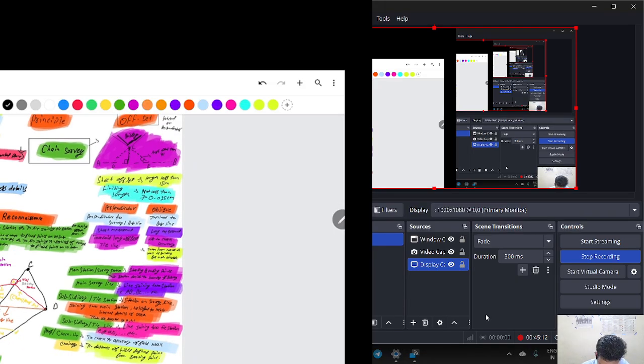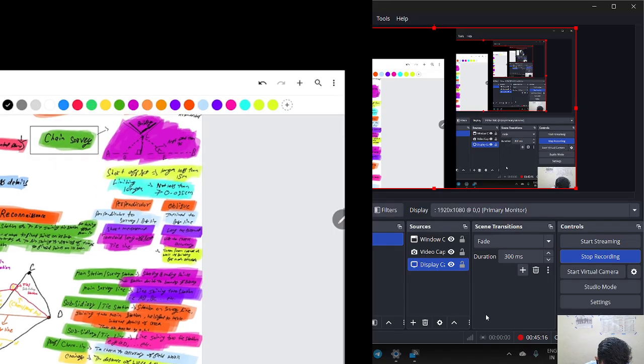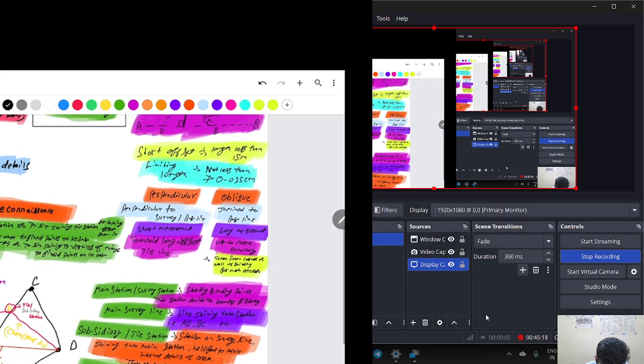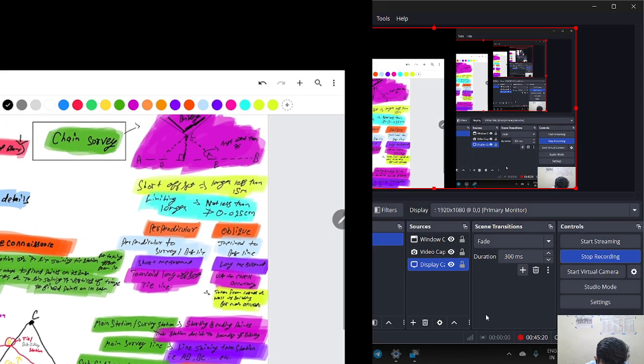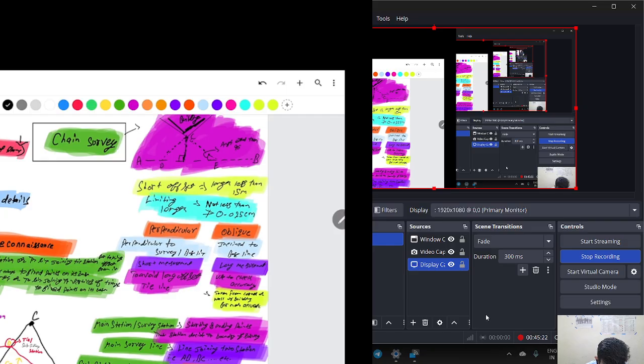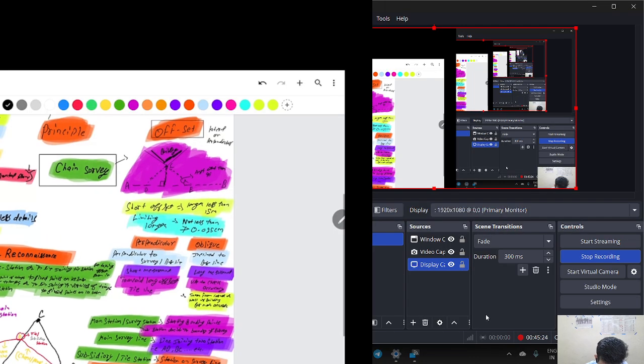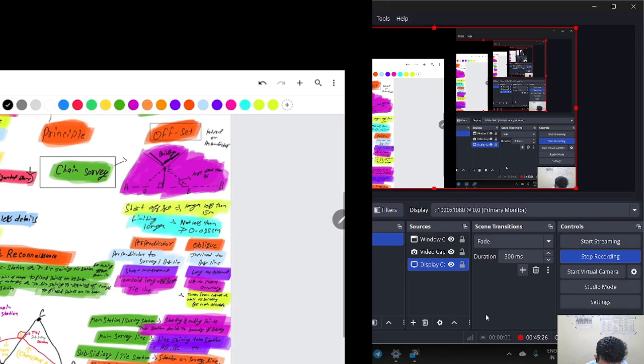Okay, we have done with limiting offset. The next topic is chain survey limitations. IS 491: linear measurement only, horizontal plane, less crowded, flat area required, small area with less detail, instruments are heavy to carry.